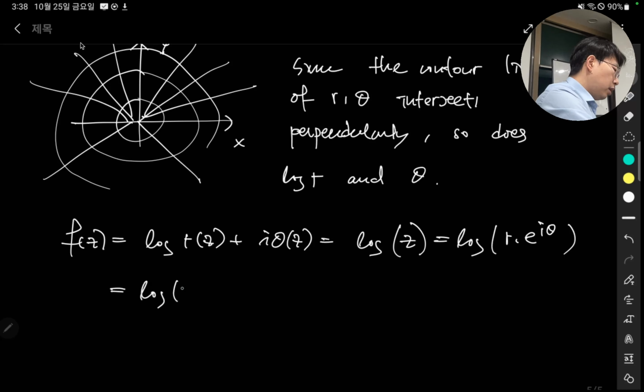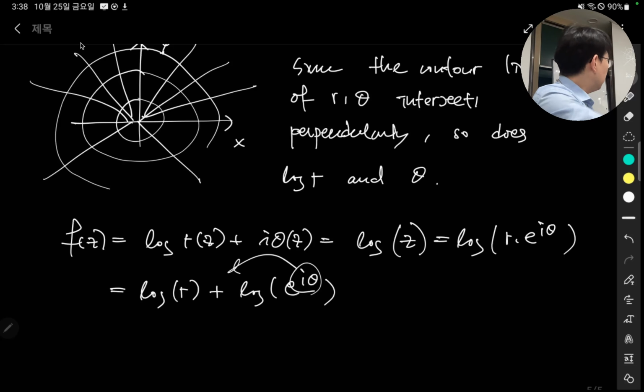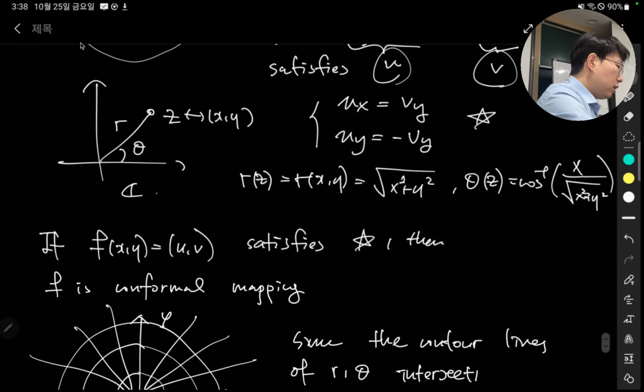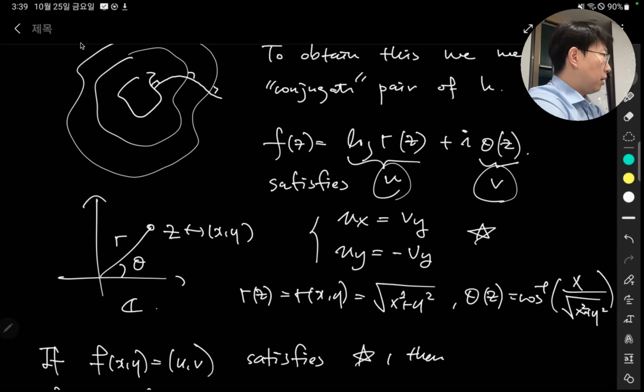So you can split the log of r and the log of e to the i theta, and the i theta comes out of the log, the same property as the real number log. So it's log of r plus i theta log of e, which is 1. That's your function; we defined our function just as the log of z. That is a conformal mapping, and it preserves the angle between the contour lines.